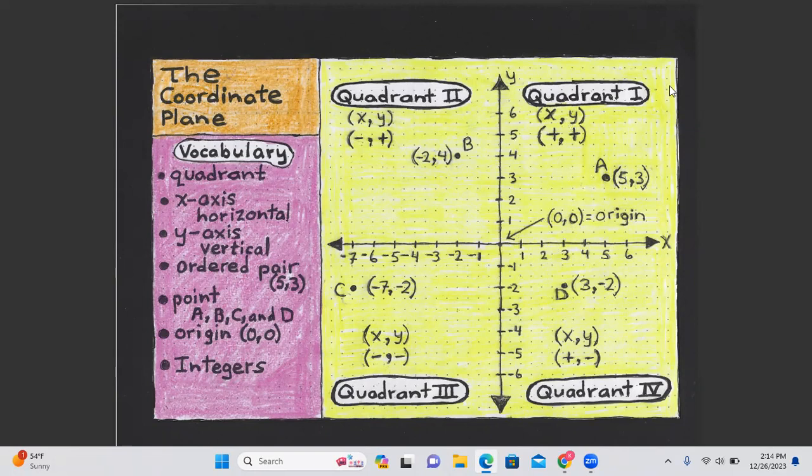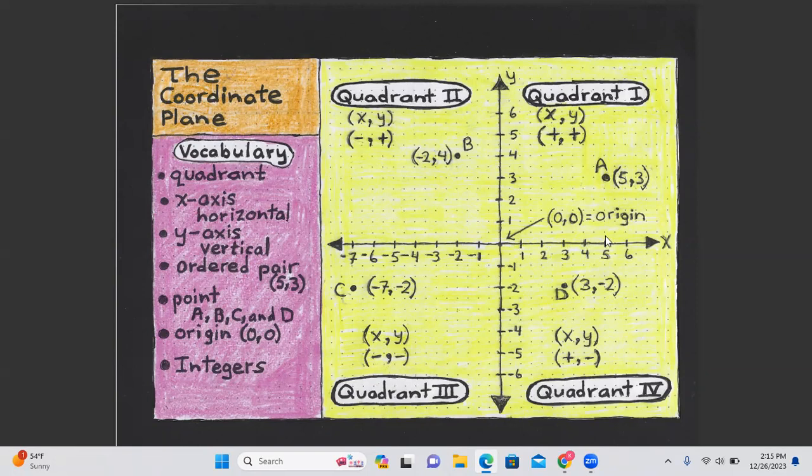In the case of quadrant 1, both the x value and the y value will be positive. Let's take a look at point A, for example. First, we're going to go in the x direction because 5 represents x and it is positive. So we're going to go to the right from 0 to 5: 1, 2, 3, 4, 5.